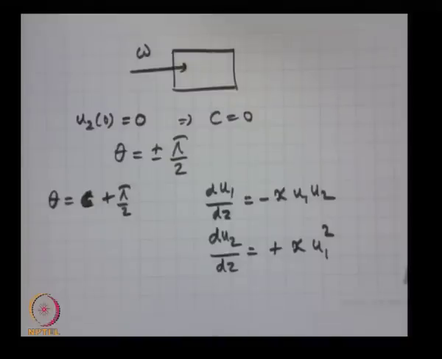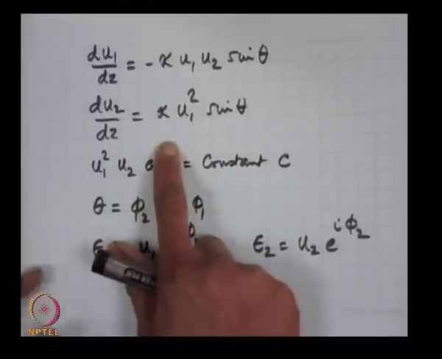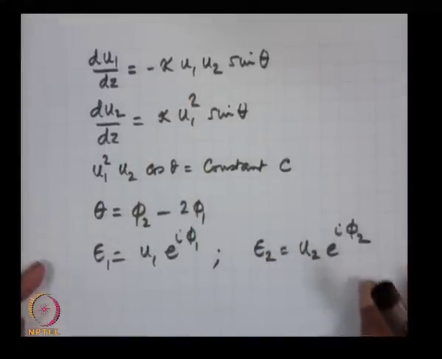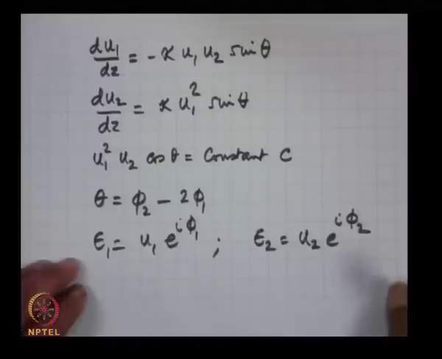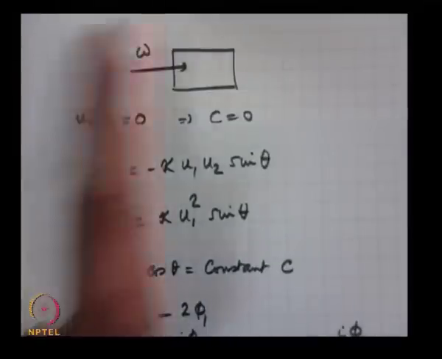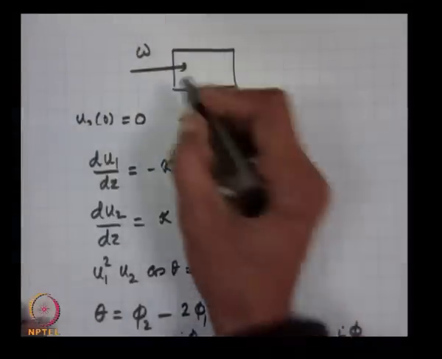If I choose the other value of minus pi by 2, you will get du1 by dz as plus kappa u1 u2, and du2 by dz will become minus kappa u1 square. Now, because you have not incident any second harmonic, this solution will not work. So theta automatically becomes plus pi by 2. All I am doing is I am incident with a wave at omega frequency. The second harmonic gets generated within the crystal.